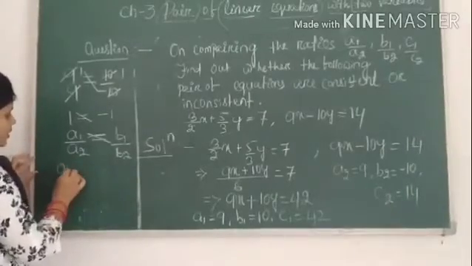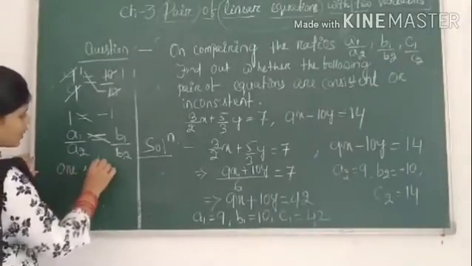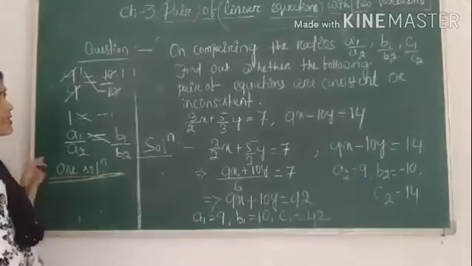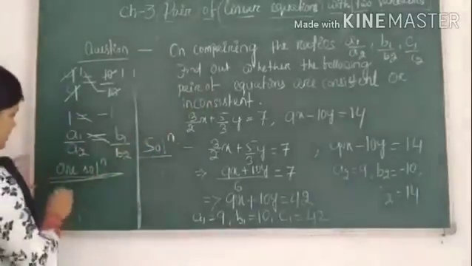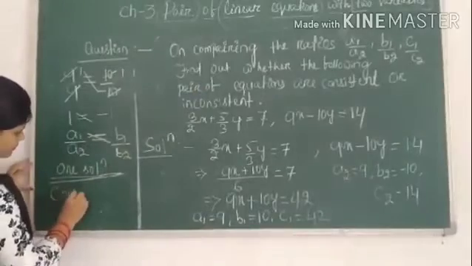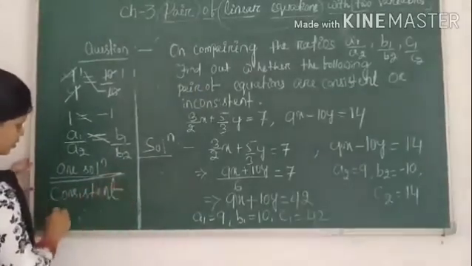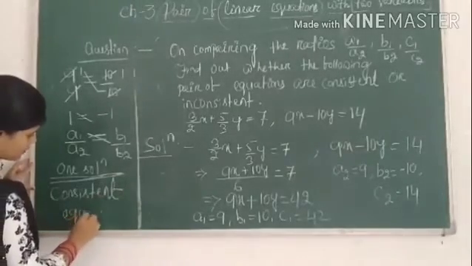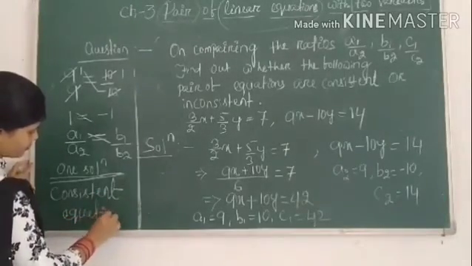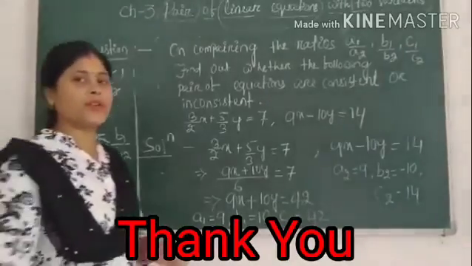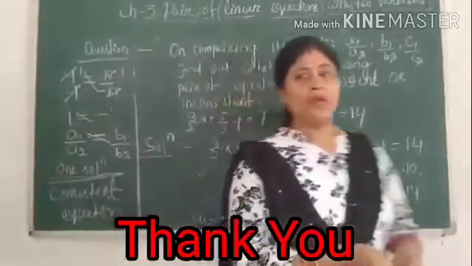So here you have to write one solution is possible. One solution means this is consistent. So here you will write consistent equation. Hope you understood, students. See you in your next class.